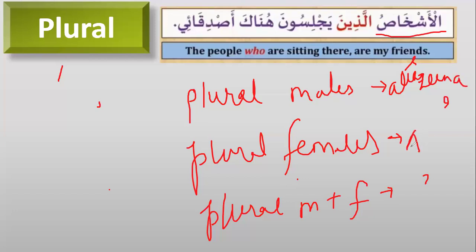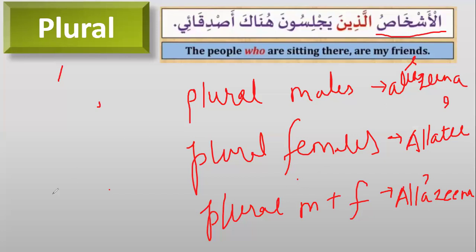This is allati. But here again, allazina. Okay, keep that in your mind. In the Quran, you will find the same.